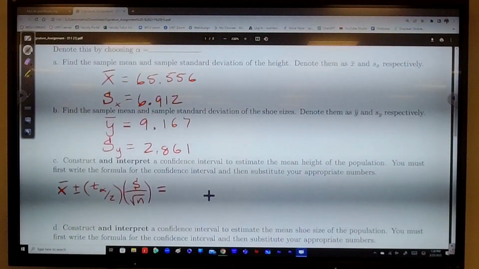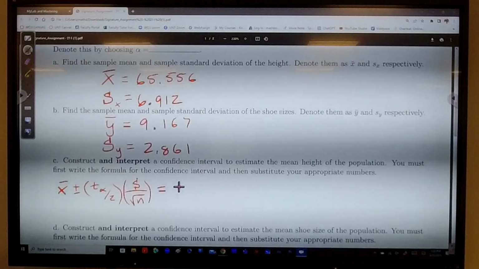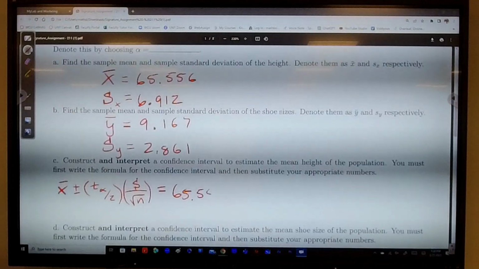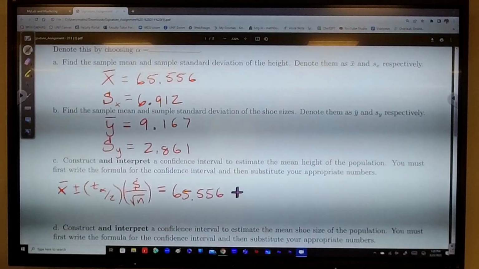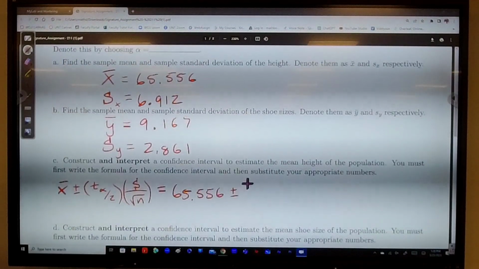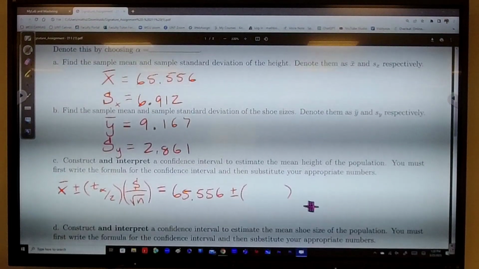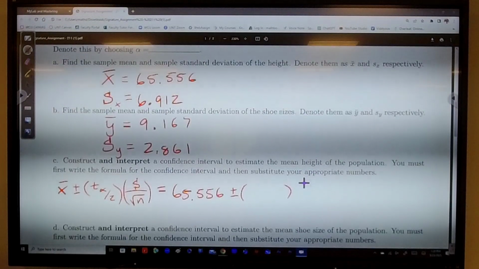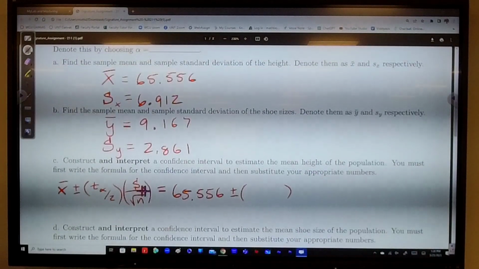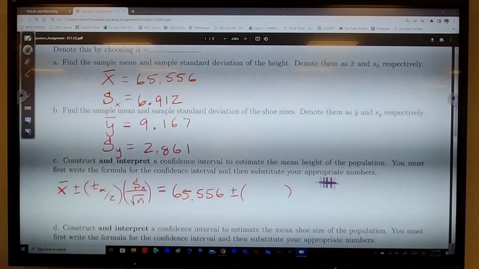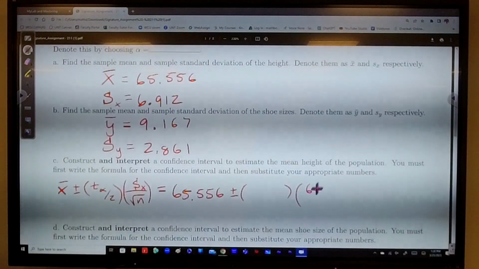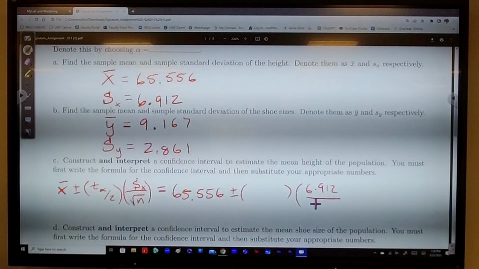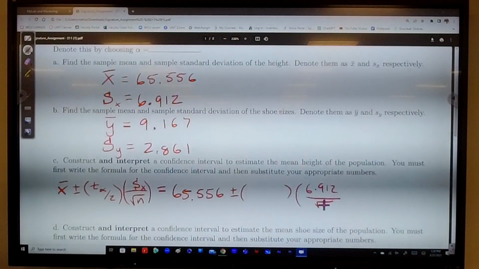And that in turn is equal to 65.556 plus or minus, and I'm just going to leave a space right here. I'll get that number in a minute. And s, so this would actually be s sub x right there. And then this would be 6.912 over the square root of 9, which of course is 3.